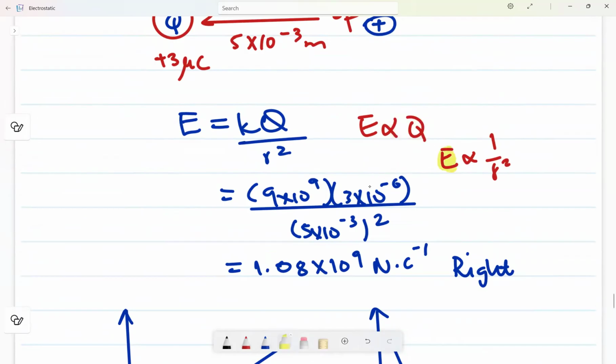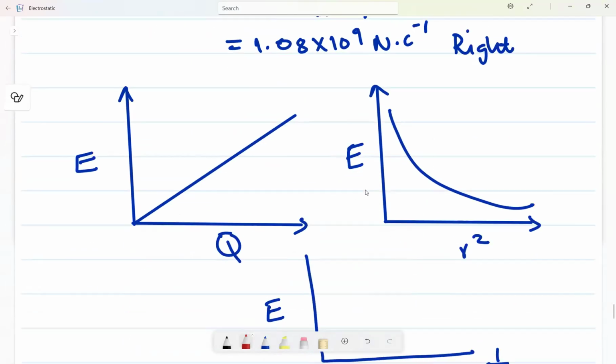It also says E is directly proportional, hear me very well, to the inverse. So it is directly proportional to the inverse. Hence we are saying it is inversely proportional to r, but directly proportional to the inverse.